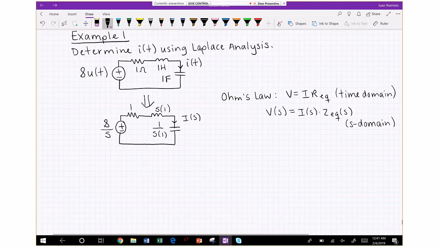So, what's our equivalent impedance in this case? Our equivalent impedance is equal to 1 plus S plus 1 over S, because that resistor, inductor, and capacitor are in series, so their impedances will add up like resistors do in series.